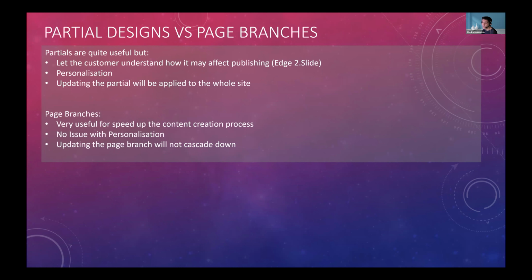The benefit is the page branches don't have that issue with the personalization. The downside is when you use the page branches and later update them, the existing pages will not be updated. So yeah, I just wanted to point out the personalization when you are using the partial designs.